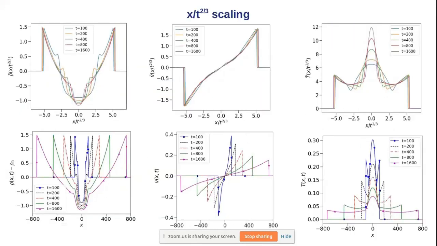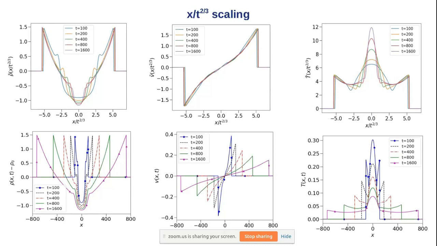Thanks a lot. So we have used a McCormack method to solve this system of PDEs, and this is a second order method both in space and time. Using this McCormack method, we have solved these three solutions. This is in the bottom panel, and in the top panel we see the scaling.